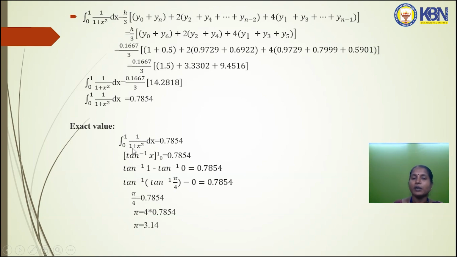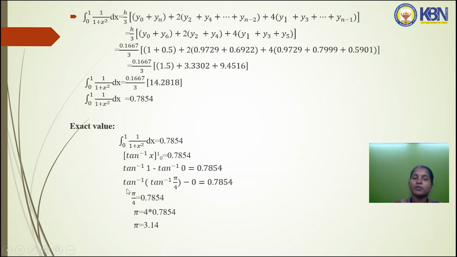The integral of 1 by 1 plus x square is tan inverse x, upper limit minus lower limit: tan inverse of 1 minus tan inverse of 0. Tan inverse of 1 can be written as tan 45, so tan inverse of tan pi by 4 minus tan inverse of 0. Tan 0 is 0, tan inverse of tan theta is theta, that means 0.